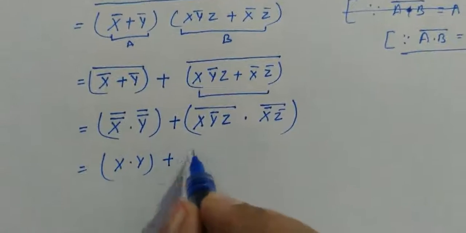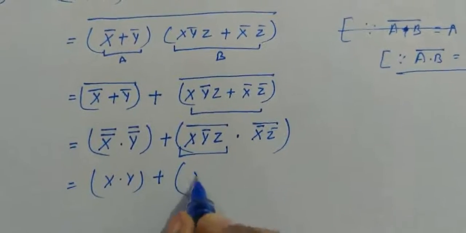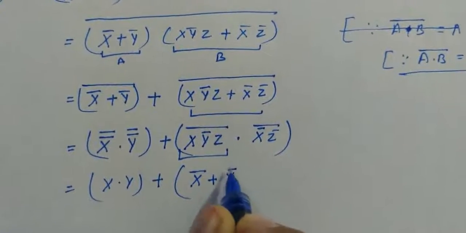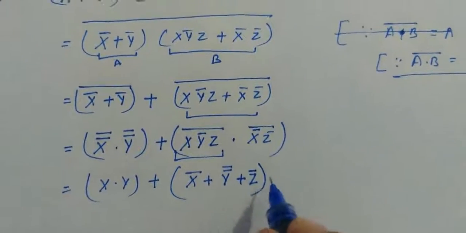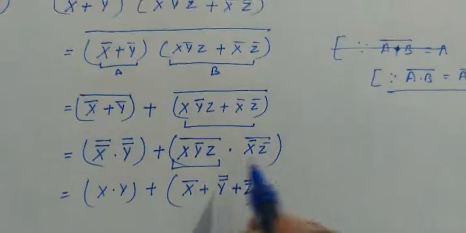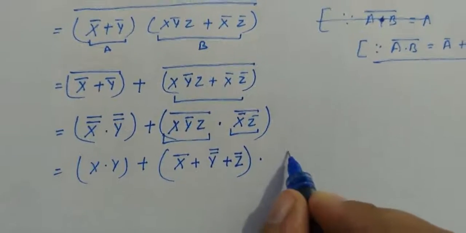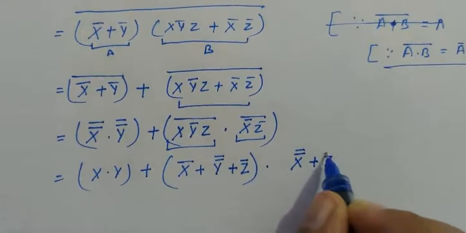For the second term, again we can apply De Morgan's here. So it will be X bar plus Y complement complement plus Z complement dot, here also we can apply De Morgan's. So it will be X bar bar plus Z bar bar.